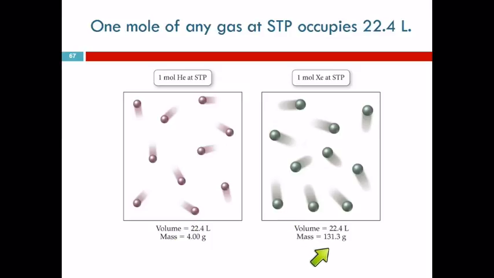The mass is different. This is going to weigh 131.3 grams. This one's going to weigh 4 grams. The reason they can occupy the same volume is that there is so much empty space between the particles that the size of the particles doesn't matter.